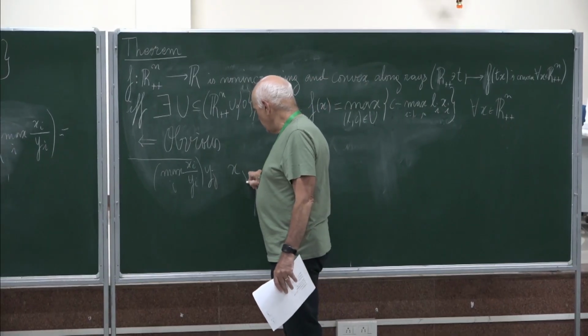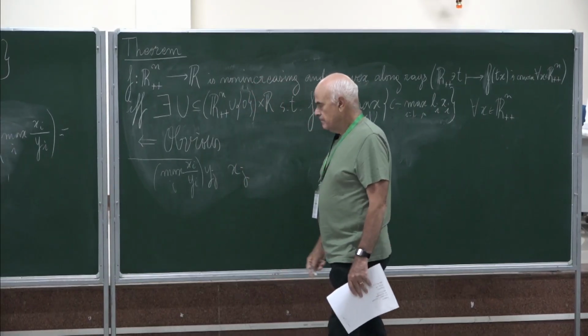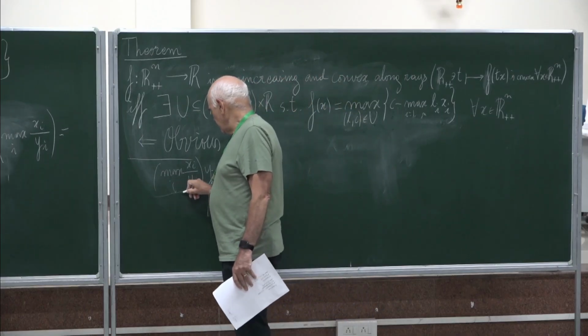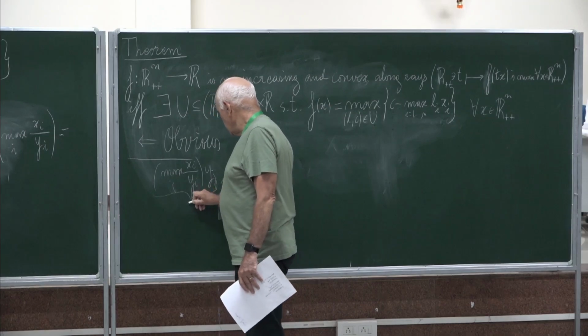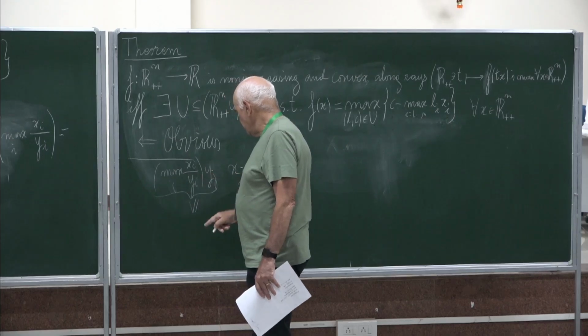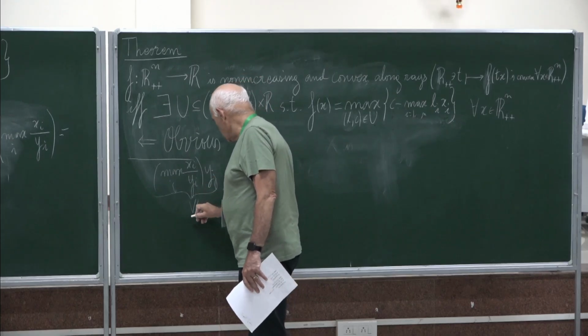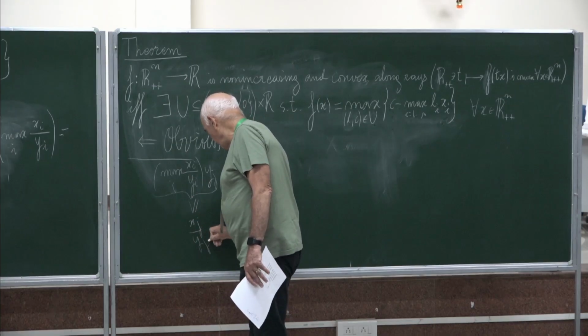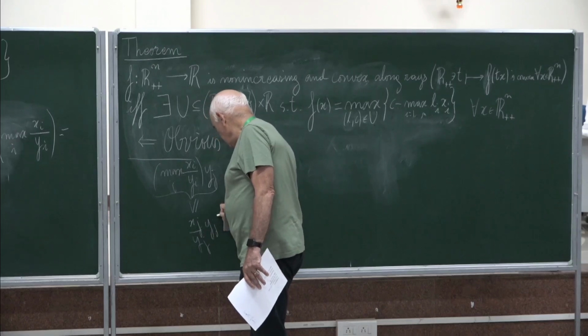Component j with component j here. Because this is the maximum and everything is non-negative, this is greater than or equal to xj over yj times yj, which is xj.